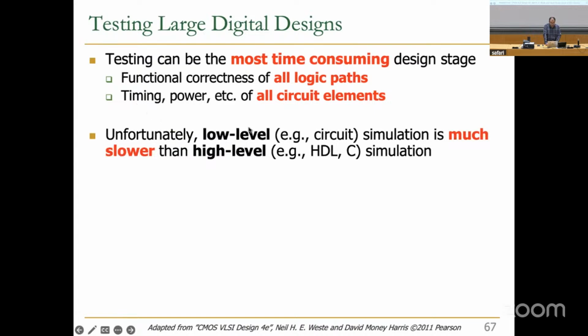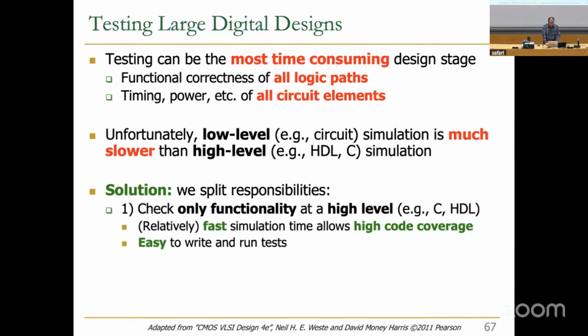Unfortunately, low-level circuit simulation is much slower than high-level, like HDL and C simulation. And the solution that people devised for that is that they split responsibilities. We usually check only functionality at the high level, C or HDL, which has a relatively fast simulation time that allows high code coverage and is much easier for writing and running tests.